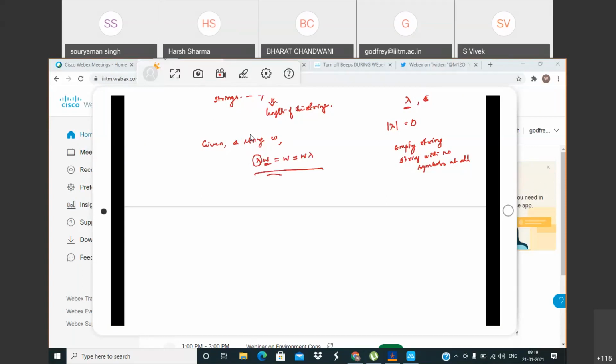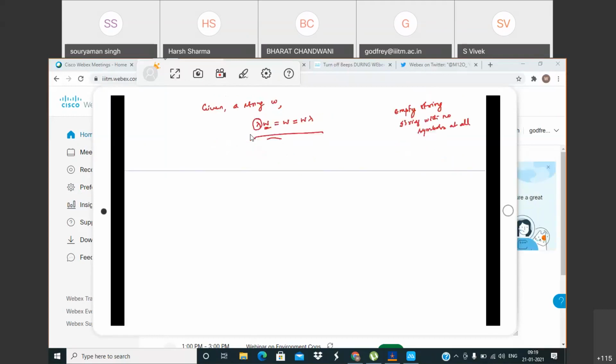Similarly, we can also define substrings.